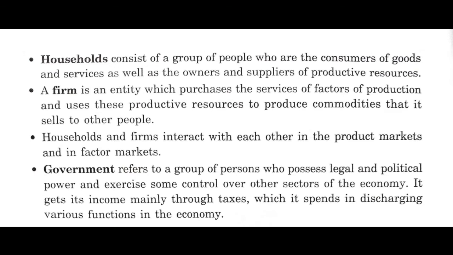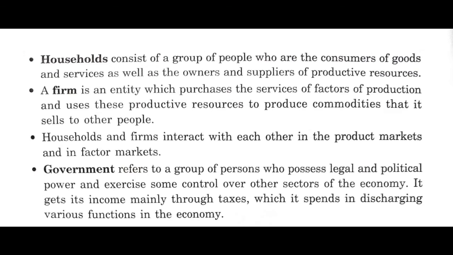Households consist of a group of people who are the consumers of goods and services, as well as the owners and suppliers of productive resources. So households are those who consume goods and services, so they are called households. Firm.